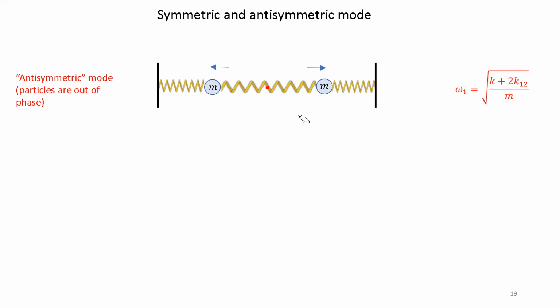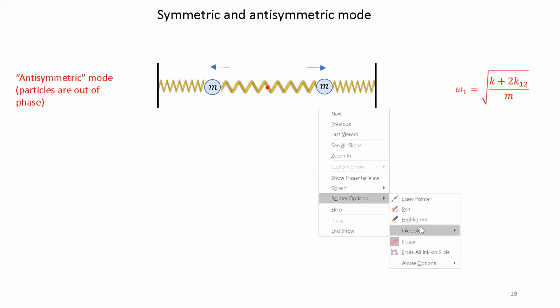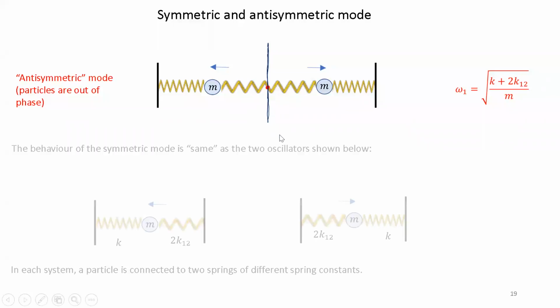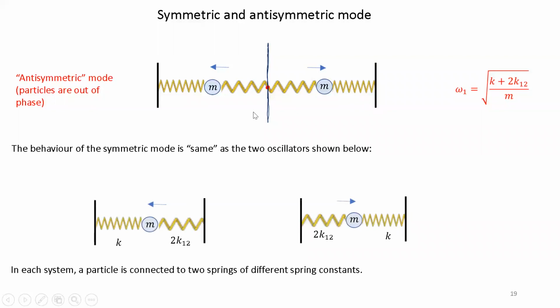Okay, and therefore, I can look at the system in a different way. Imagine that you just cut the system in half at this point. You cut it, so this is the fixed point, and then you build two new walls.